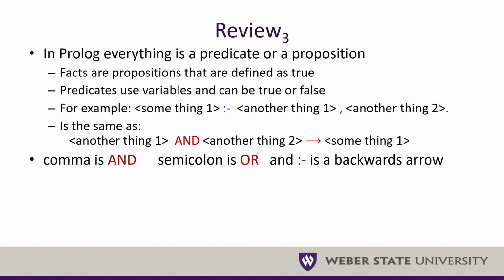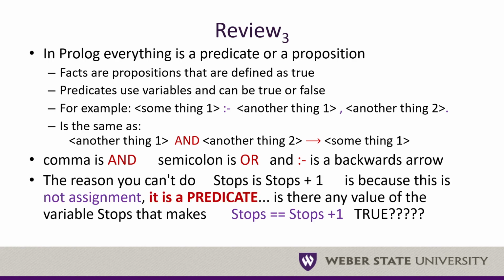Oh, I went the wrong way. Hit the wrong arrow again. So the result is, if we had that in our program, everything would be false. Once again, Prolog is a logic language. Everything is either a proposition or a predicate, and we have to understand that to understand how it's doing what it's doing.